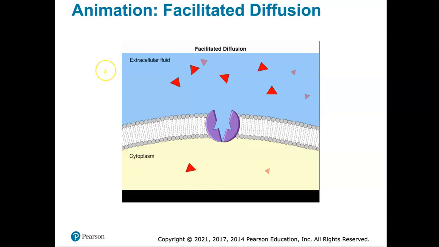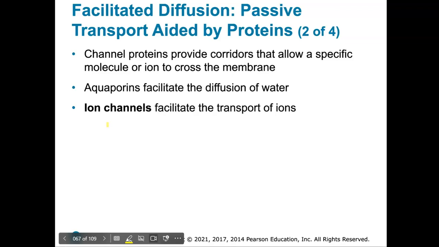We say that is down or with its concentration gradient when it moves from high to low. So in facilitated diffusion, a substance is going to move toward its lower concentration through a channel or carrier protein. And this animation on facilitated diffusion is slide 66.